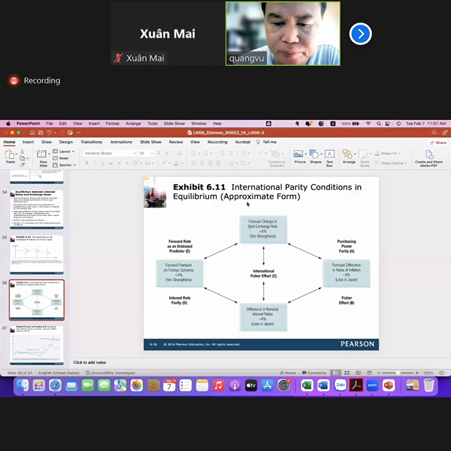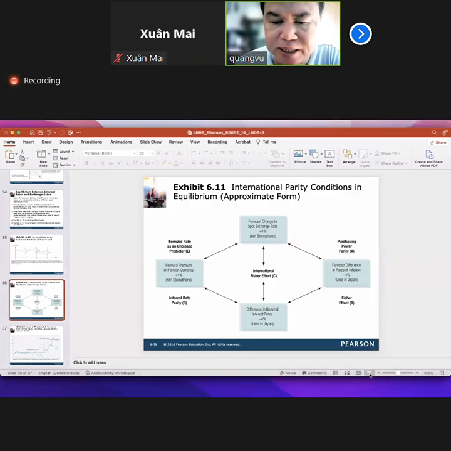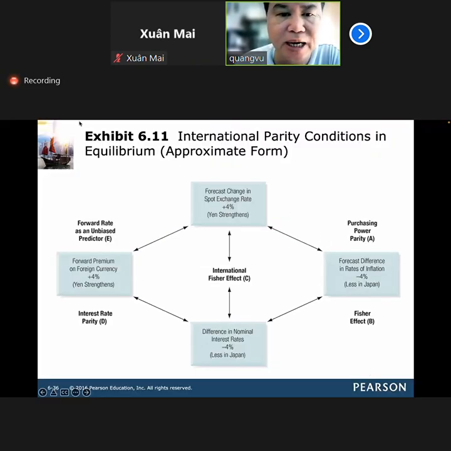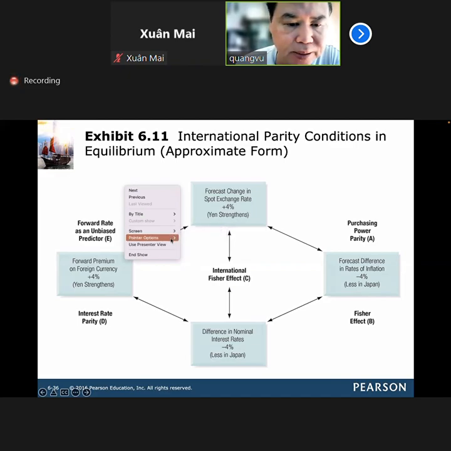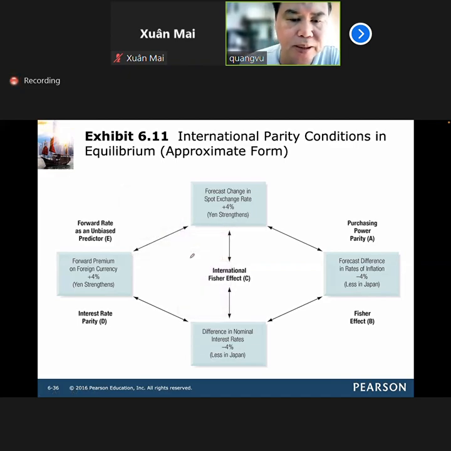Okay. So we're done for the third theory, right? The last one, and then that's all for today. Let me activate the pen. Okay, the virtual pen. Now the last one, the interest rate parity. The interest rate parity allows you to calculate the forward rate.